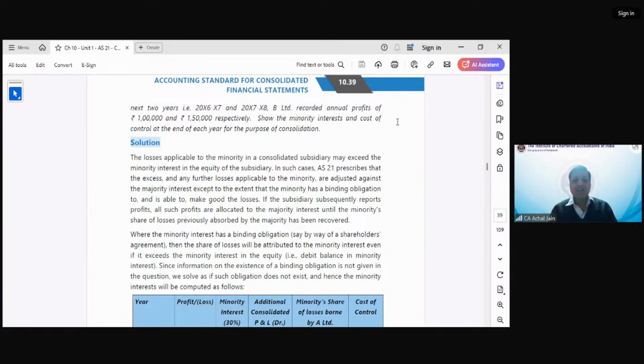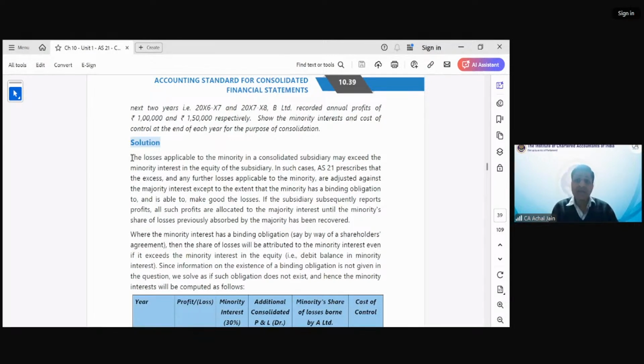Standard says the losses which are applicable to minority in a consolidated subsidiary may exceed the minority interest in the equity of the subsidiary. So at times what may happen is the losses of the minority may exceed. Say minority balance is 1 lakh, and the share of the loss of the minority could be 1,20,000.